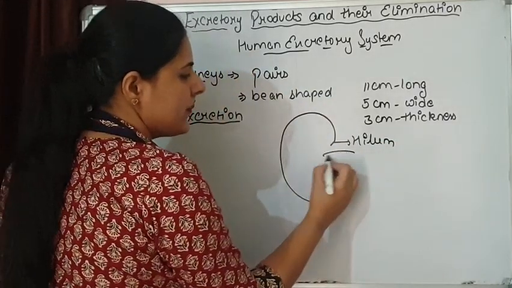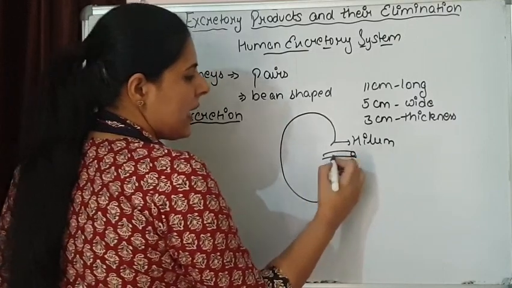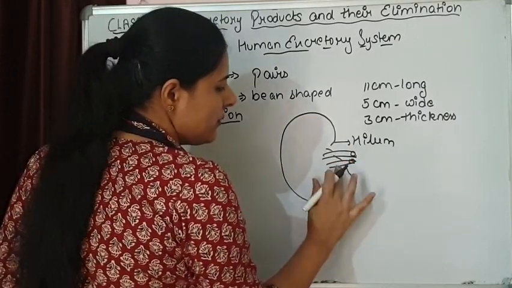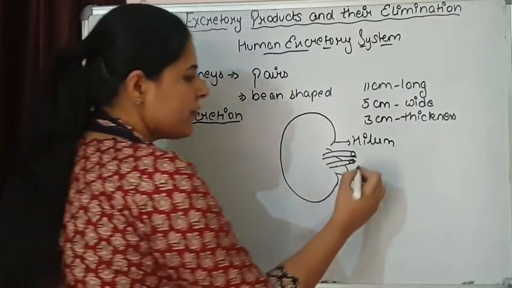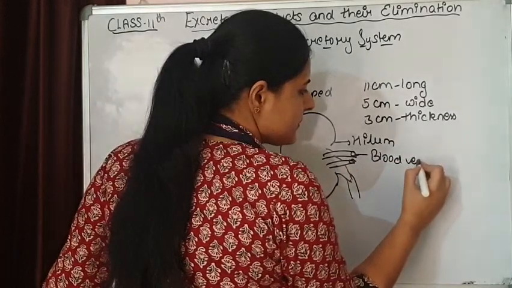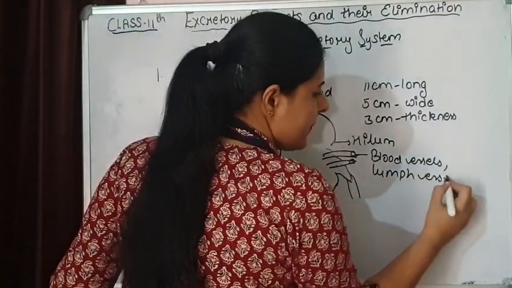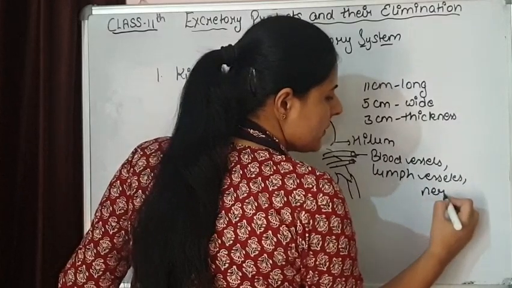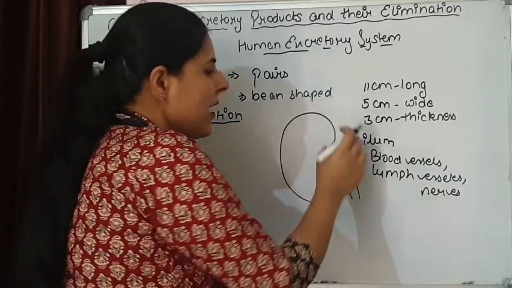From this hilum the blood vessels, lymphatic vessels and renal pelvis come out. The blood vessels, lymph vessels and nerves enter and exit through this hilum.